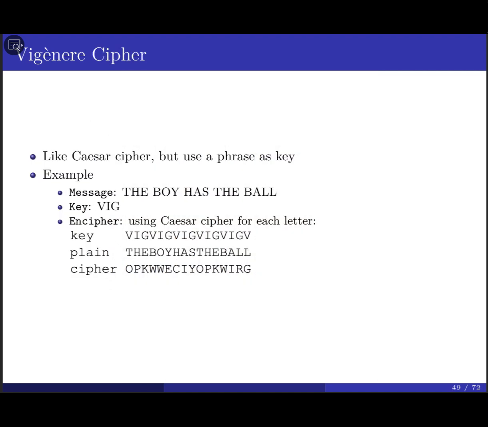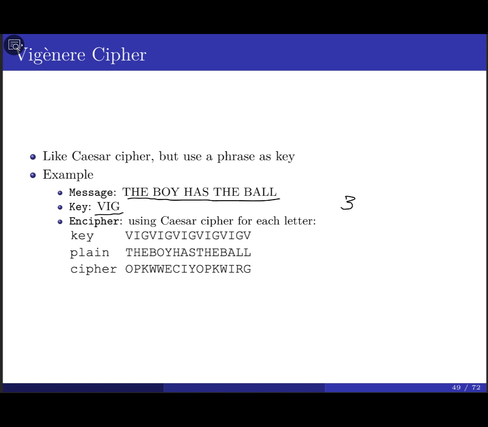So assume that we have the message that you want to encrypt, and the keyword contains 3 letters, for example VIG. You can write the letters as numbers, or use the letters here, the same. Then what are you going to do? Pick a keyword, VIG, the size is 3, which is my secret key.